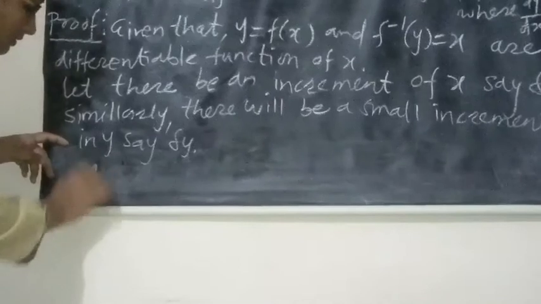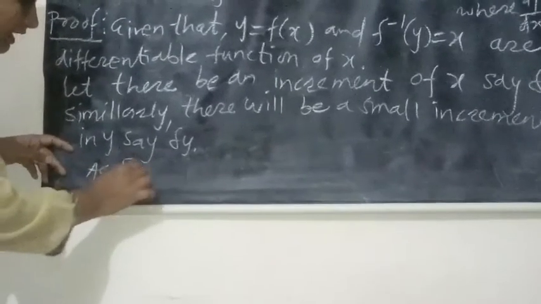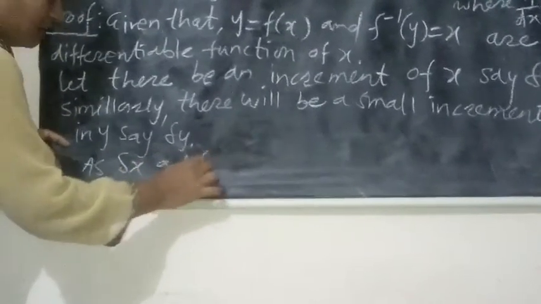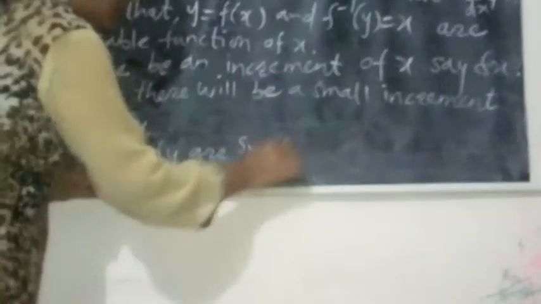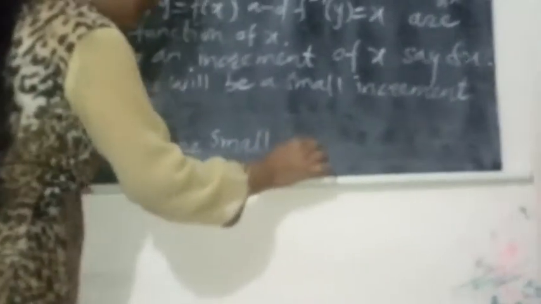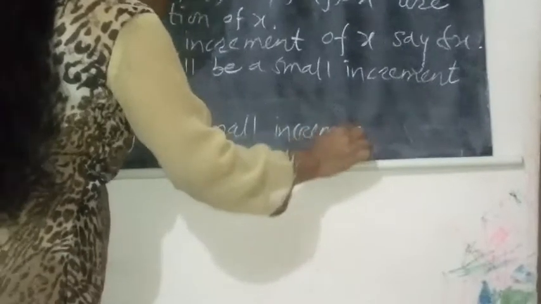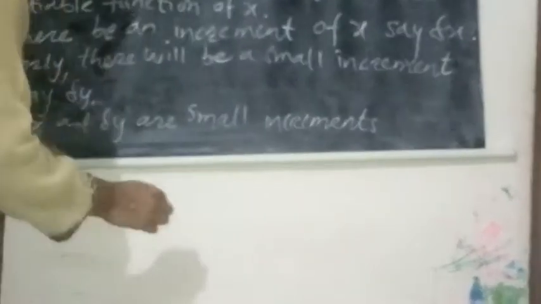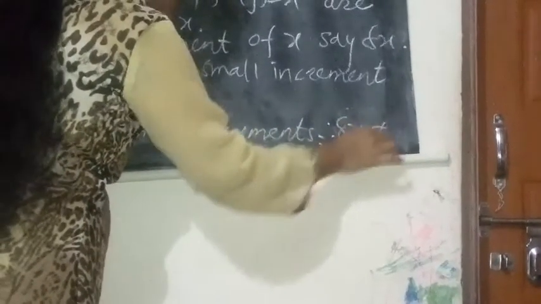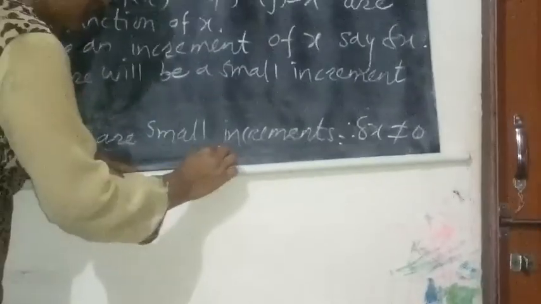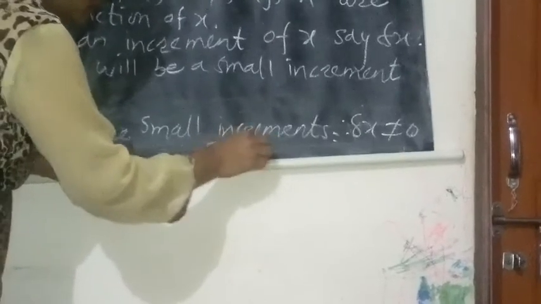As delta x and delta y are small increments, we can say that delta x is not equal to 0 and delta y is not equal to 0.